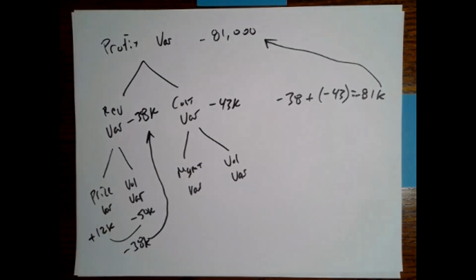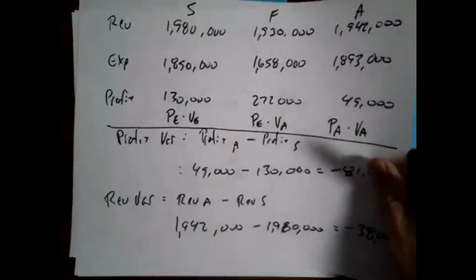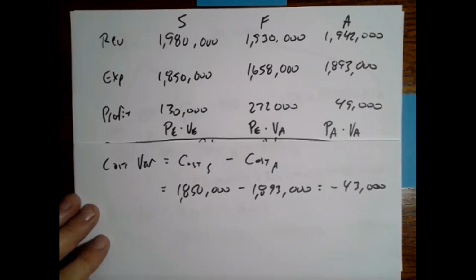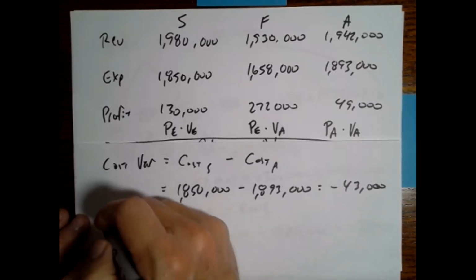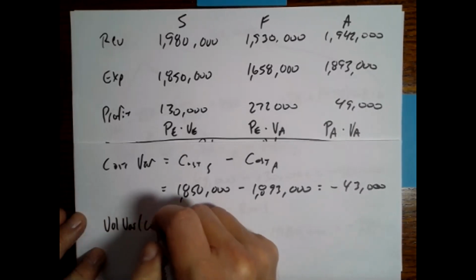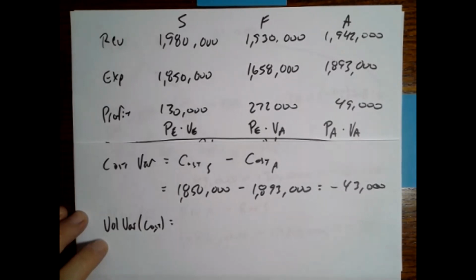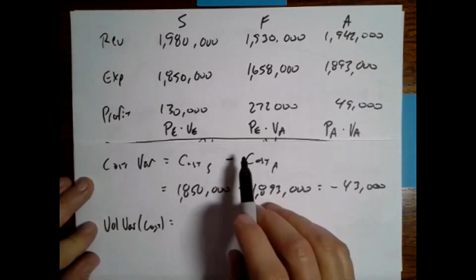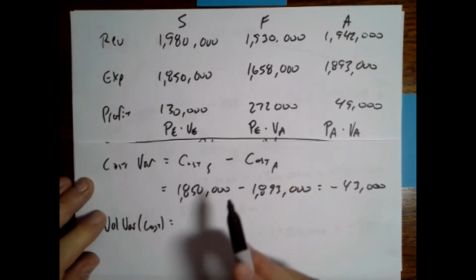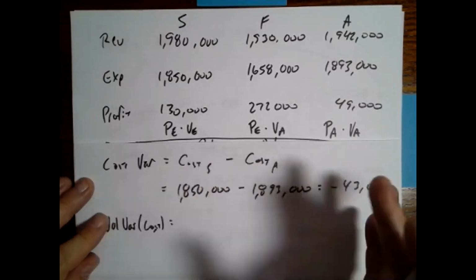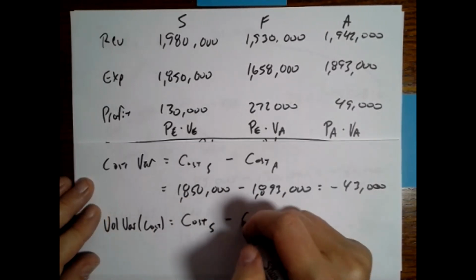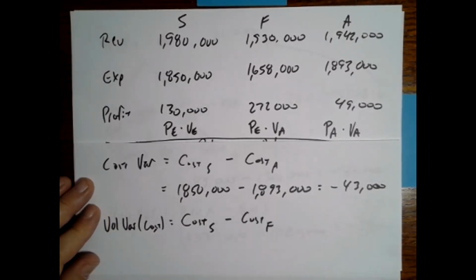Part D asks you to do the same for the cost side. So we already calculated the overall cost variance. Now we want volume variance for cost. And that is going to be where we keep price constant and vary volume. So that's going to be static and flex. And remember, we flipped the direction. So we're going to take cost static minus cost flex.